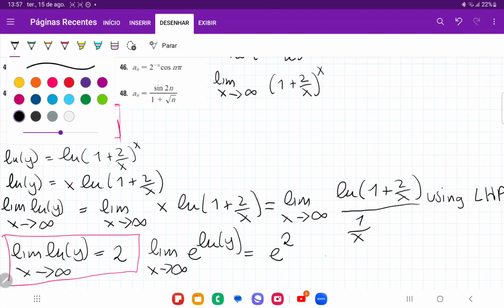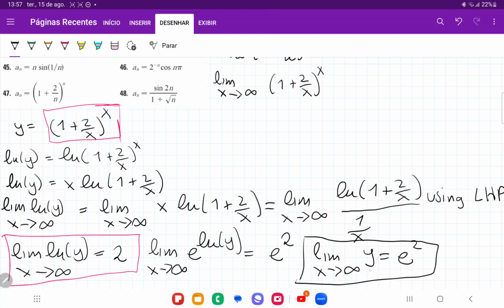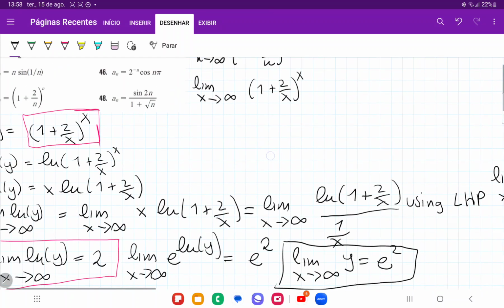And so we have here that the limit as x approaches infinity, this e to the ln cancels out, so we have the limit of y is equal to e to the power of 2. And that over here is our answer. Because remember that y was (1 + 2/x) to the power of x. So this limit here is going to be e to the power of 2.